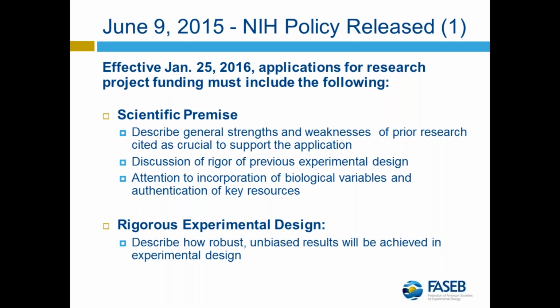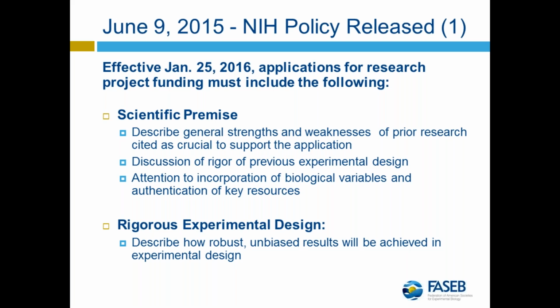Most investigators already do this. They lay out the premise of their research, but these new guidelines asked for a little more critical thinking regarding the strengths and weaknesses of prior research cited. And this is to make sure that what you're proposing was on the correct path, discussing the rigor of previous experimental design, and attention to incorporation of biological variables and authentication of key resources.